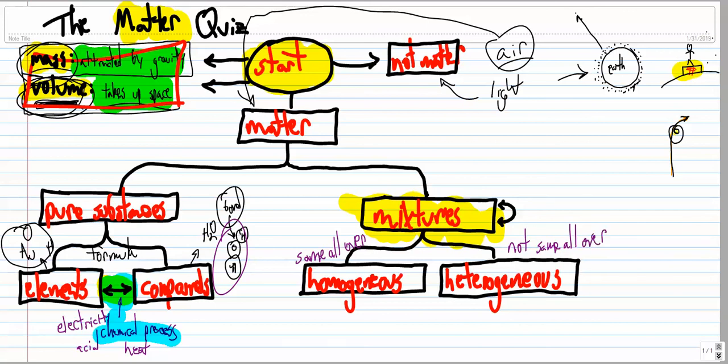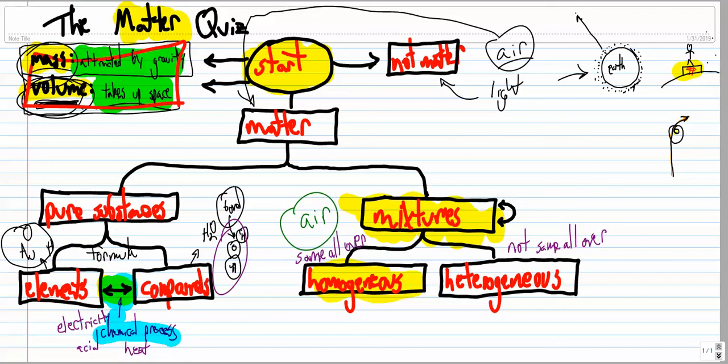Typically, not always, but typically, when chemistry people are talking about mixtures like this, homogeneous and heterogeneous, they're talking about its appearance. So if you look at the air in this room, it looks the same all over, so you would say that it is homogeneous. But if you're not talking about appearances, maybe you're talking about smell or odor.